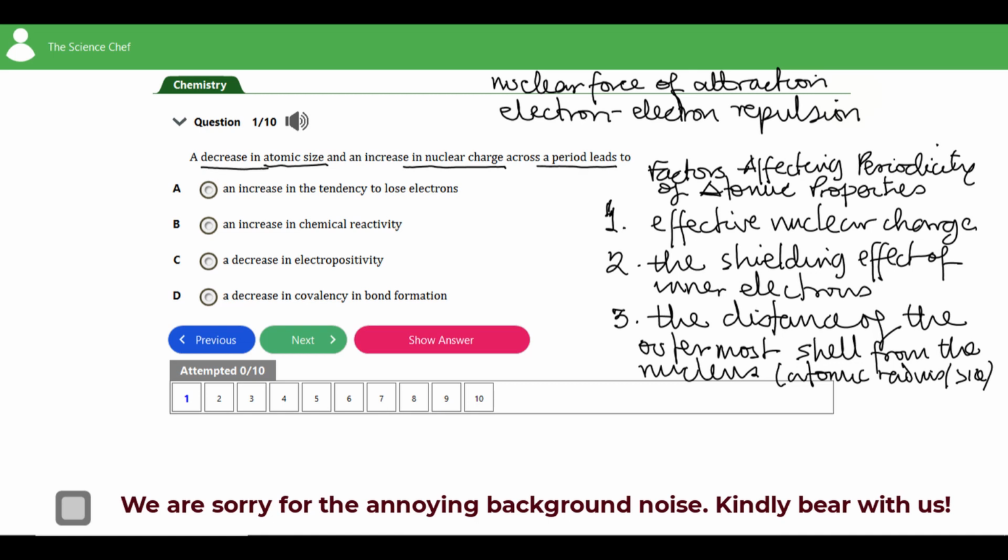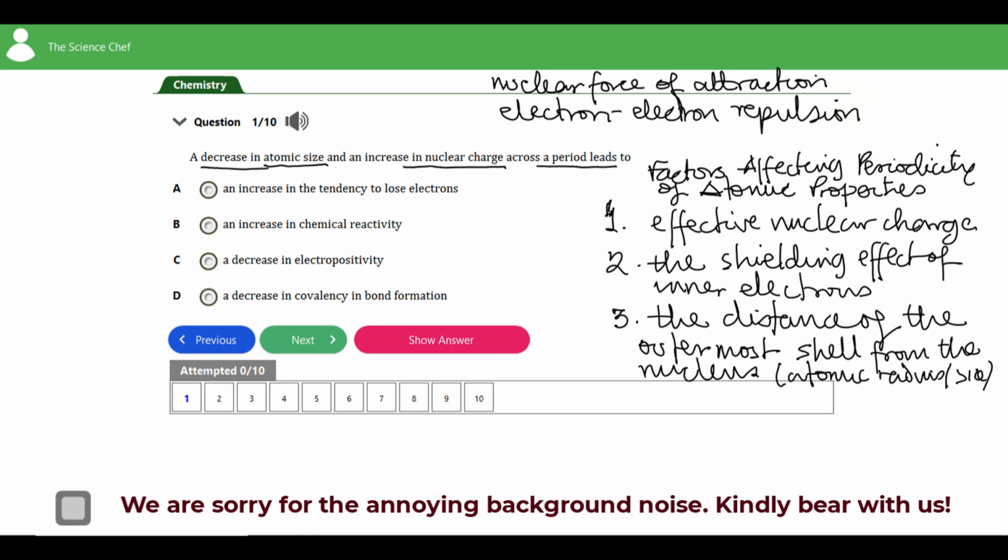So if the inner electrons remain relatively the same as you move across the period, then it means that the electron repulsion remains relatively the same. But as the number of protons or the effective nuclear charge increases, it means that the nuclear force of attraction increases tremendously as you move from left to right across the period.